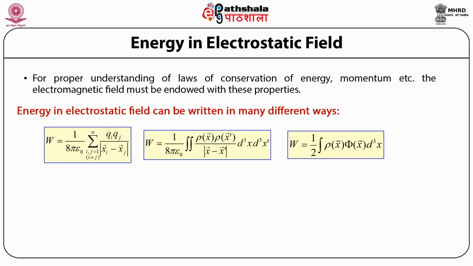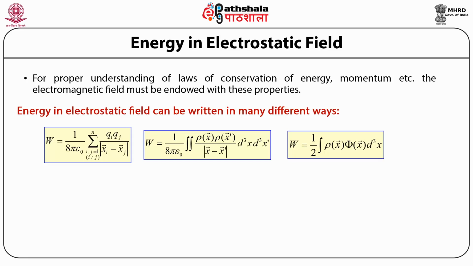Solving that equation, the expression for the electric potential is the one contained in our expression for the energy. So the charge density rho of x prime integrated over the volume d cube x prime over modulus of x minus x prime is the expression for the electrostatic potential.